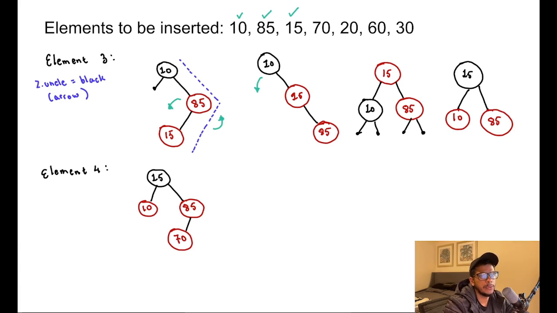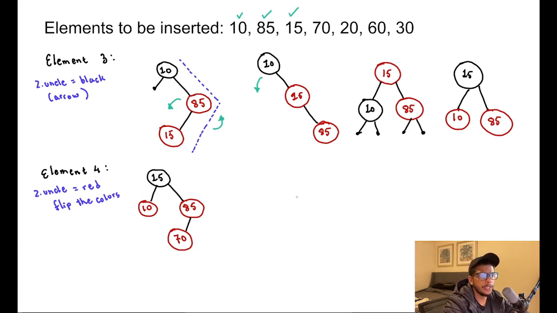So we can go on and write this down. We can say that Z's uncle is colored red. That means we need to flip the colors, right? We need to flip the colors. So if we want to flip the colors, we will go up to the grandfather level, right?